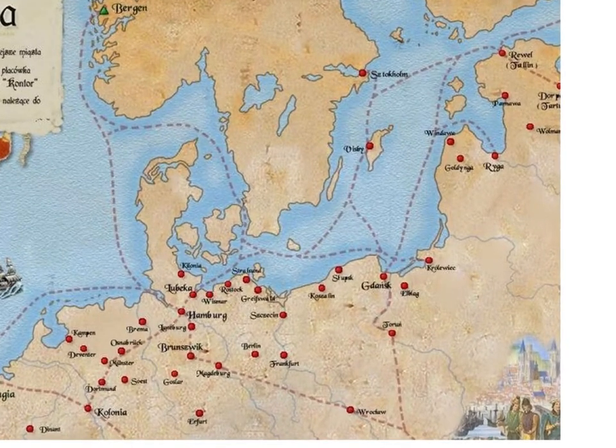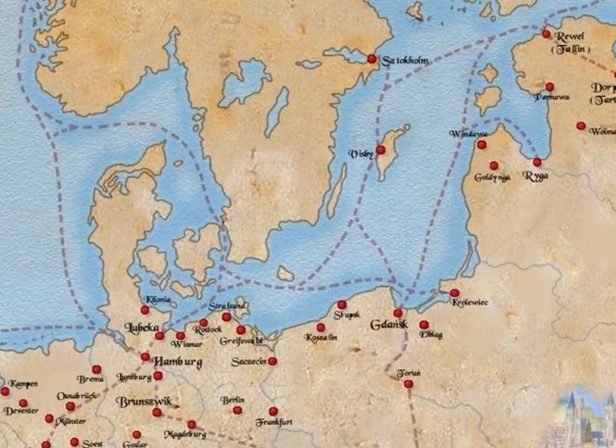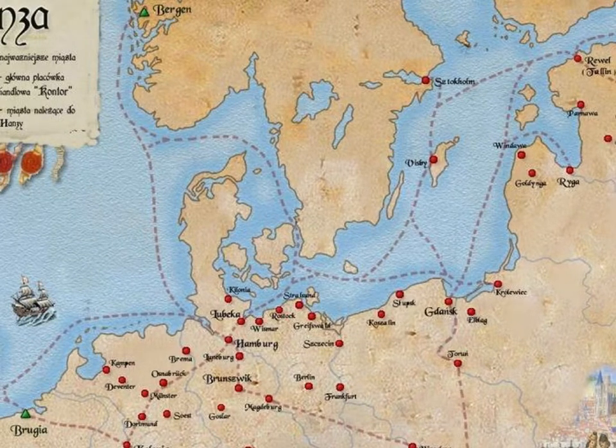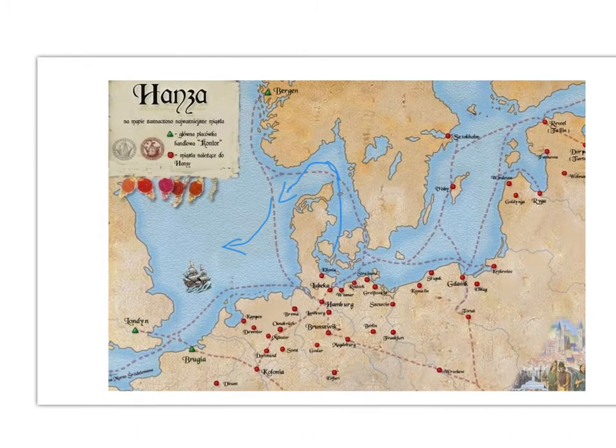You can get your boats into this sea, but to get them out you've got to get round here into the North Sea, and then you've got to basically go up around Britain, or again, the British won't be very happy about you getting into their waters through the English Channel. In a sense, is it worth it?